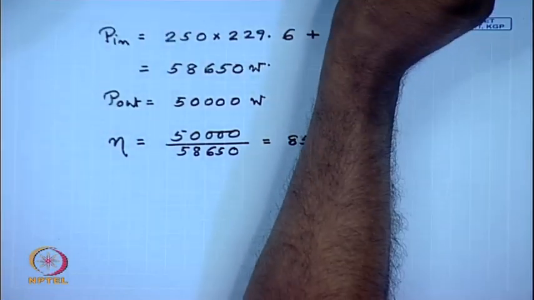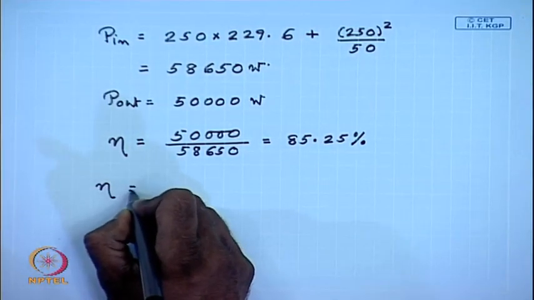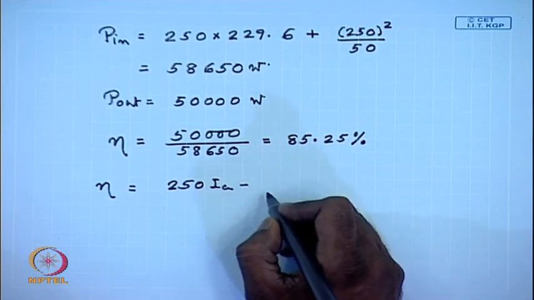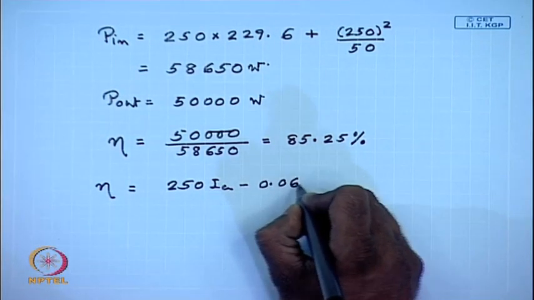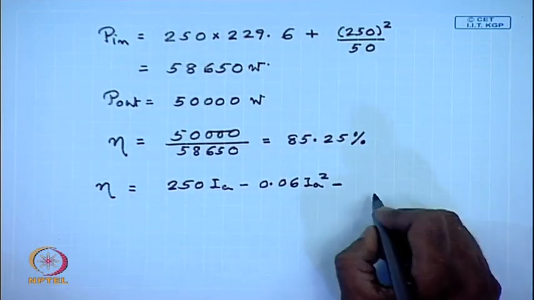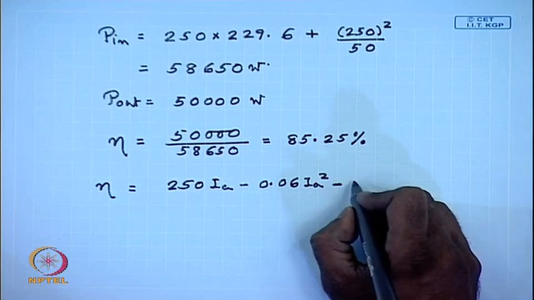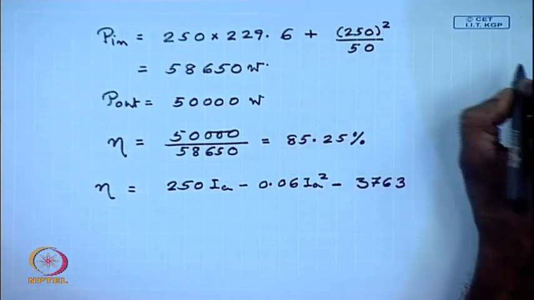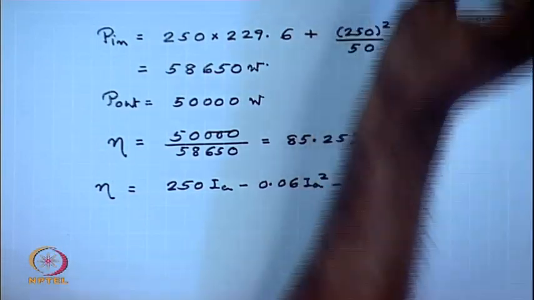Now, if we assume that the stray load loss remains more or less constant, then actually the expression for efficiency is given by the supply voltage into armature current, which is the input, minus 0.06 IA square minus the 53763, which is the rotational loss plus 1% stray load loss.